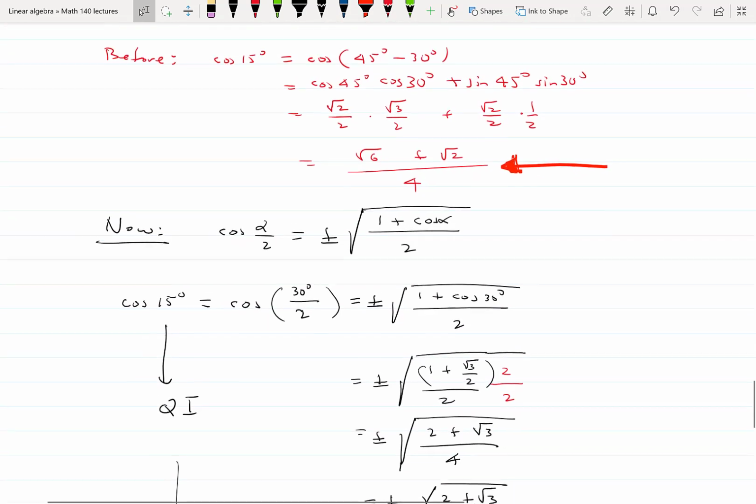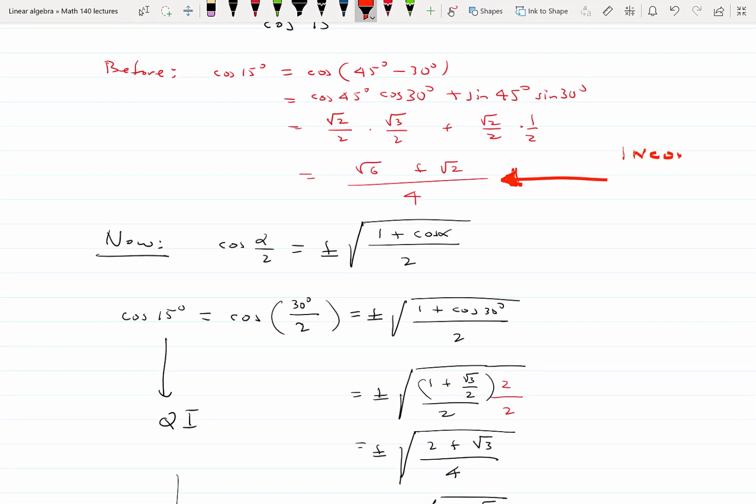So the above would be an incorrect answer for our problem, because it's not using a half angle formula. Okay, this is something that will be very dangerous for you on your next exam.